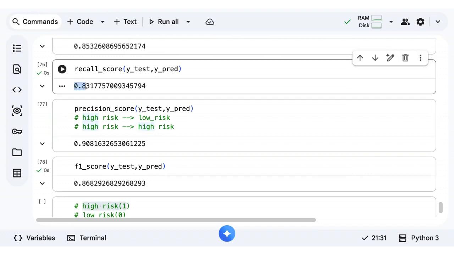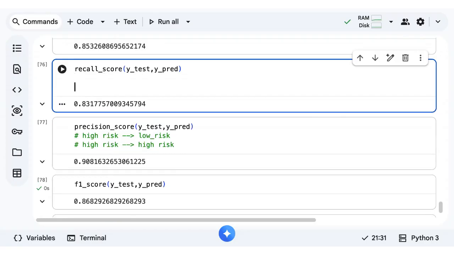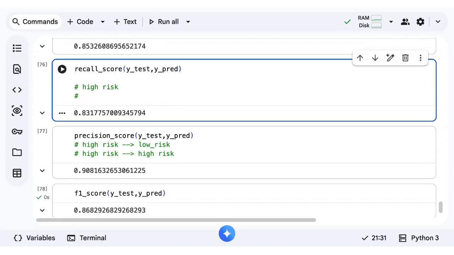Here we consider 83 because false negative has to be reduced. The opposite case: among high risk patients and low risk patients, how many are actually predicted as high risk? This is positives, no?